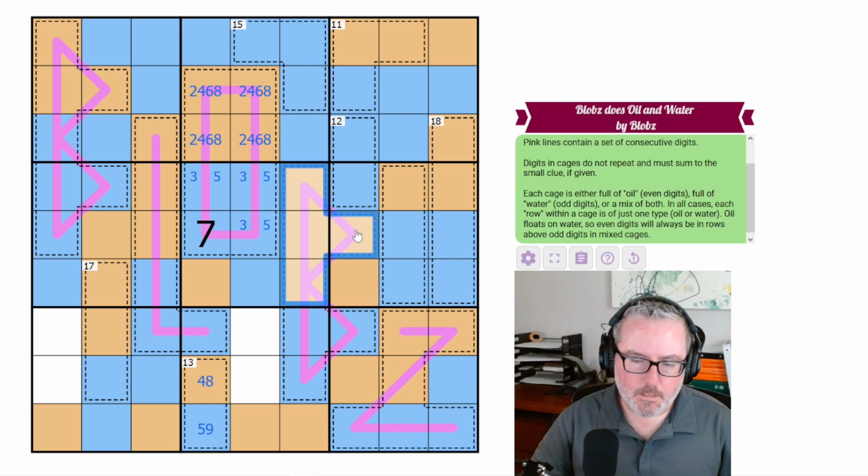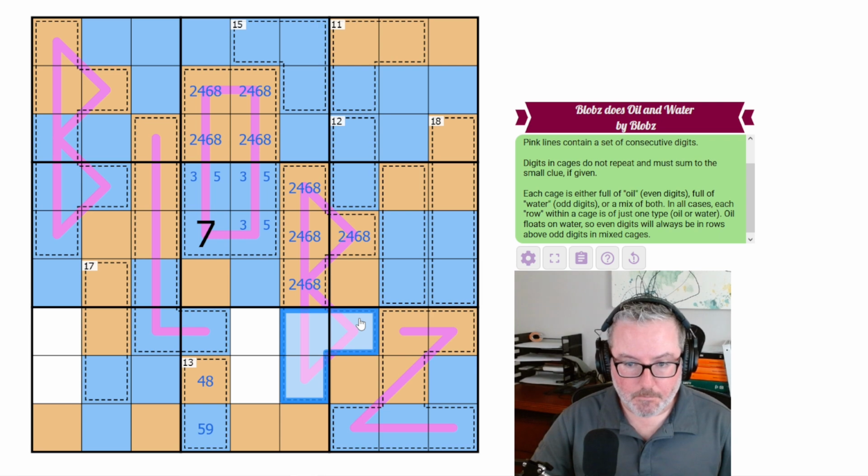Again, we know these are 2, 4, 6, 8. Can we use that to any use? Let's put them in relation to the Renban, because it forces 3, 5, and 7 here. Okay, that's something. So at least we know what this Renban is. It's missing both the 1 and the 9.